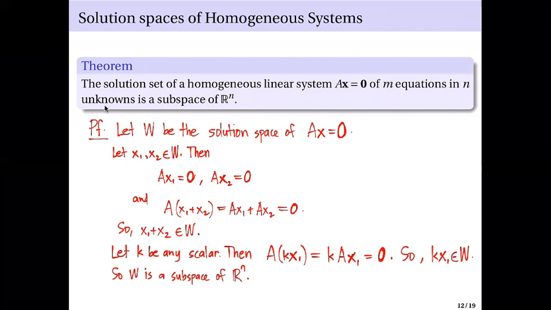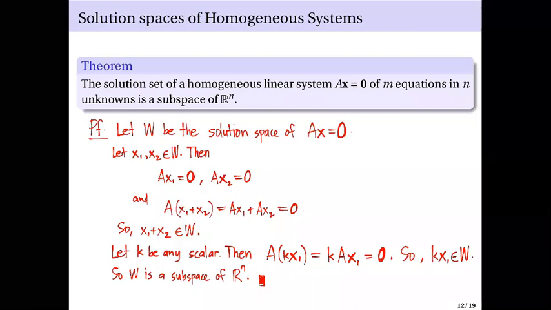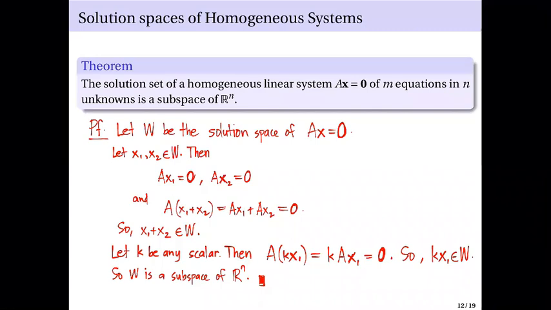So x1 and x2 contain n entries, so they are all in Rn. So this is the proof that the solution space is actually a subspace. And this is only true for the homogeneous linear equation. Remember that.